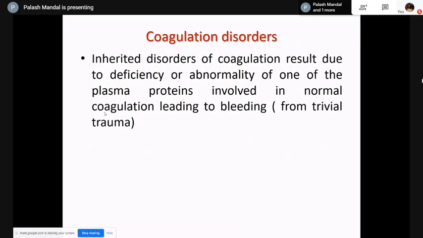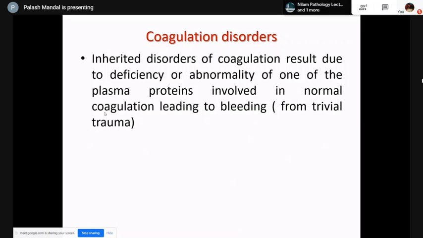Okay, sir. So, coagulation disorders. Coagulation disorders are different from the bleeding disorders because mostly they are inherited, and they are due to some deficiency of the coagulation factors. We have discussed the coagulation pathway, and I am not going to discuss it anymore.